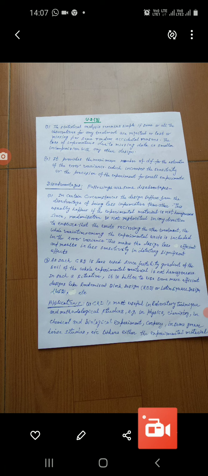And the second application is that CRD is also recommended in situations where an appreciable fraction of units is likely to be destroyed or to fail to respond.